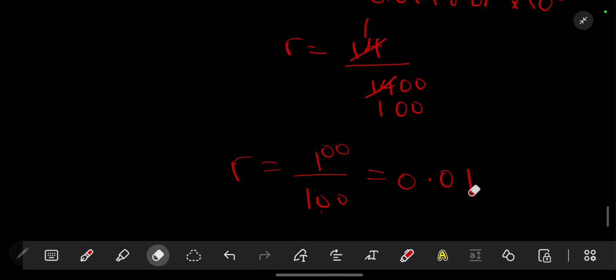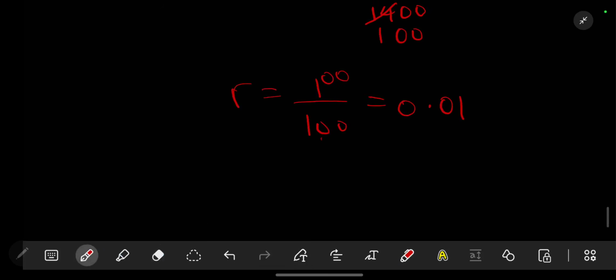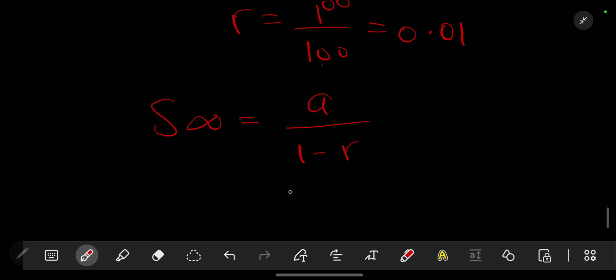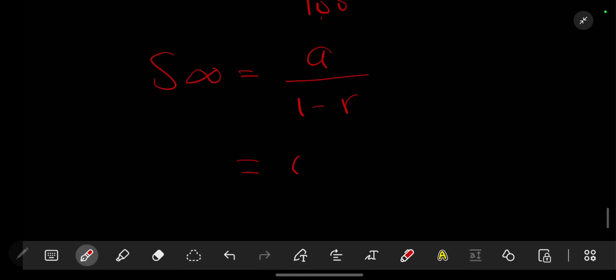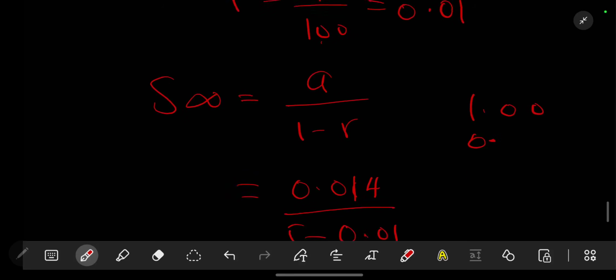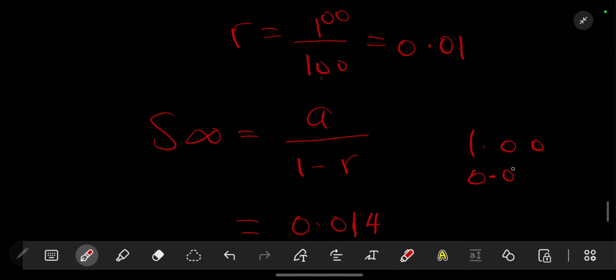So if it is like this, we are going to say sum to infinity is equal to a over 1 minus r. So what is our a value? a is 0.014 over 1 minus r, which is 0.01. So this gives us 1.00 minus 0.01.